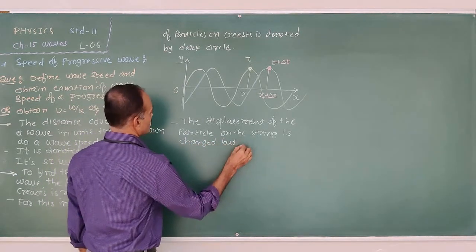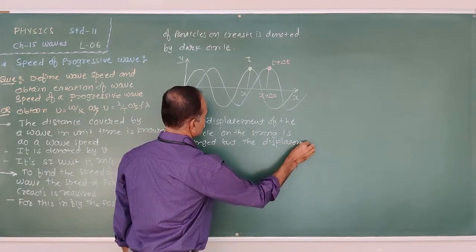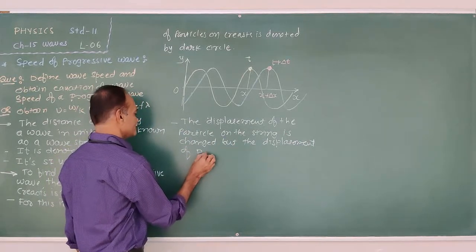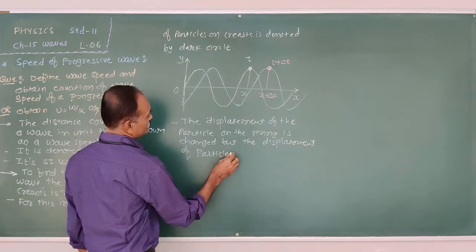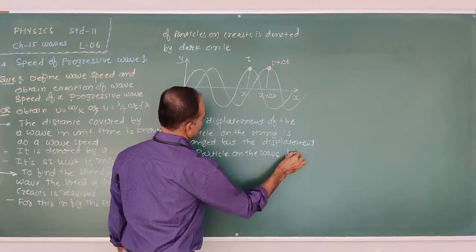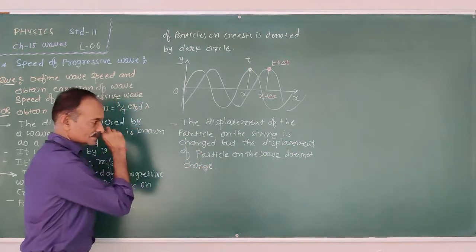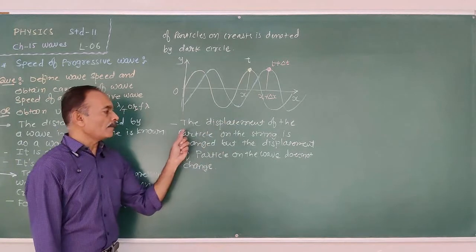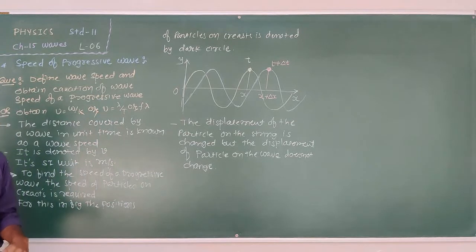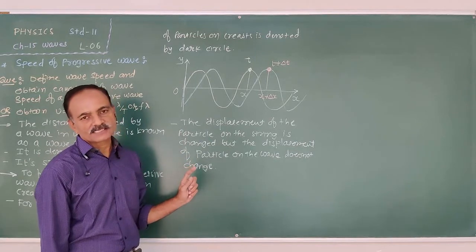But the displacement of the point on the wave does not change. The displacement of the particle on the string is changed, but the displacement of the points on the wave does not change.